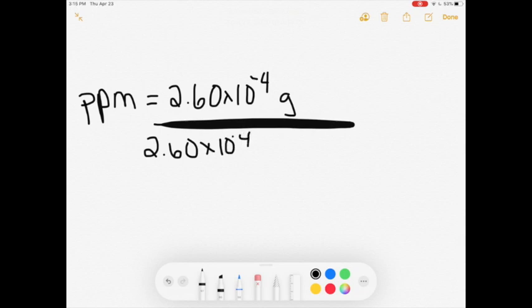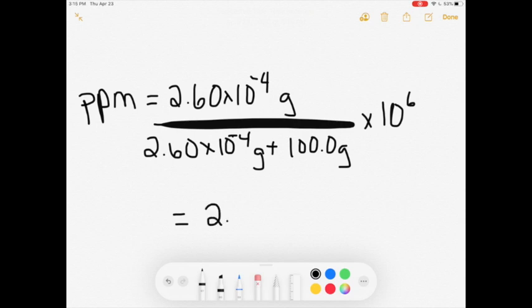So we're going to rewrite that down here, plus the mass of our water, which is 100 grams. Okay, and since it's ppm, parts per million, we're going to multiply that by 10 to the 6. So we get 2.6 parts per million is the concentration of our sodium chloride in water. And again, parts per million and parts per billion are used for very dilute solutions.